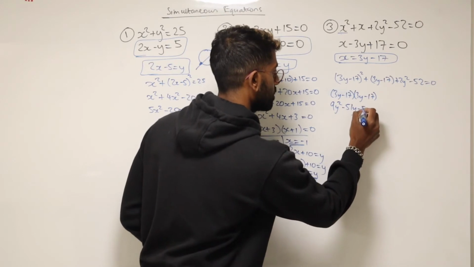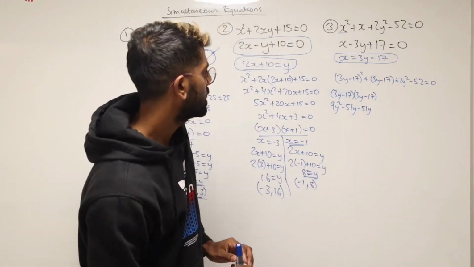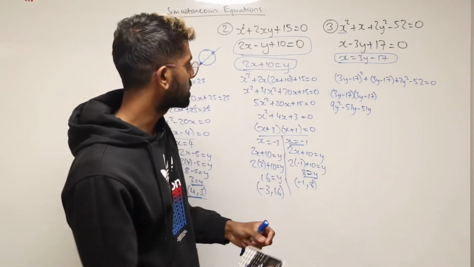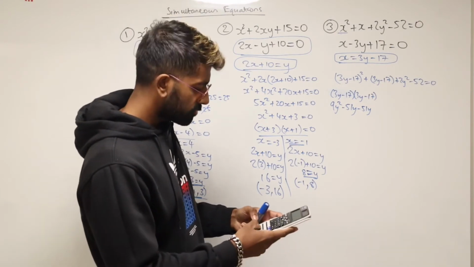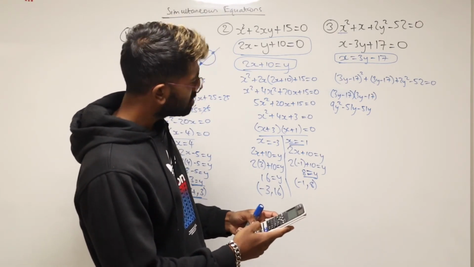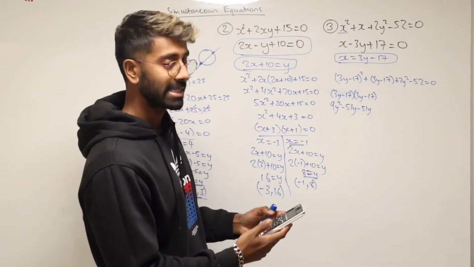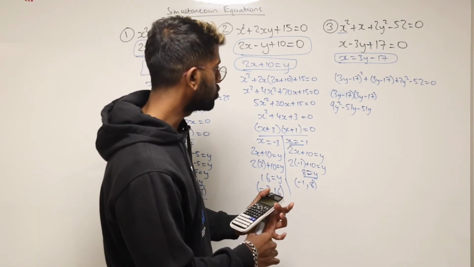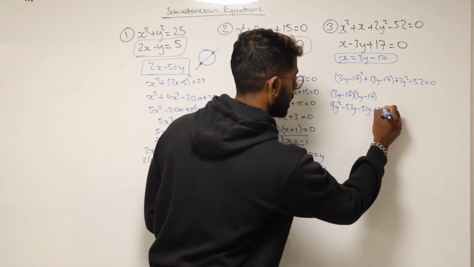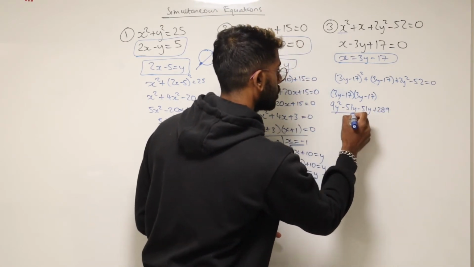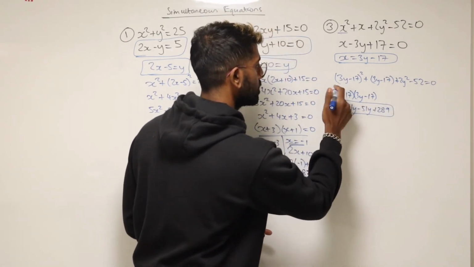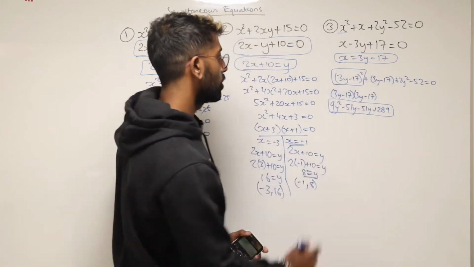Then minus another 51y. And then 17 times 17, what is that? 289, there we go. So plus 289. So I've expanded that out there. That is all of this.